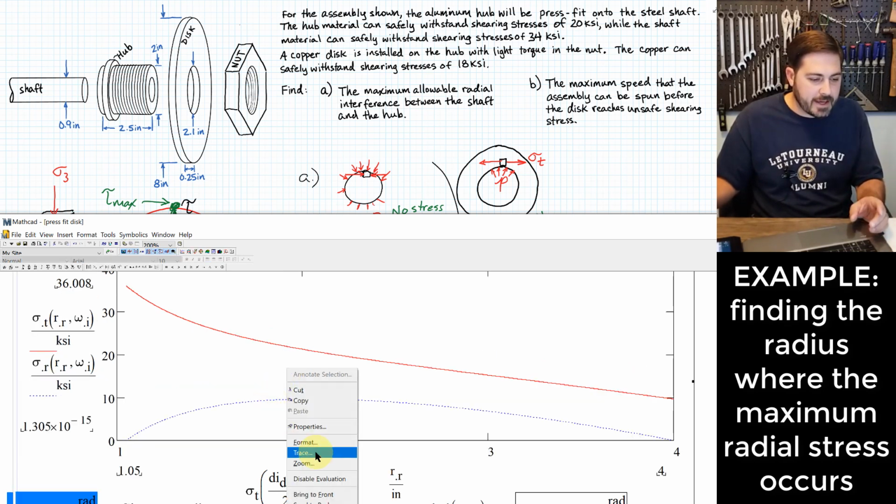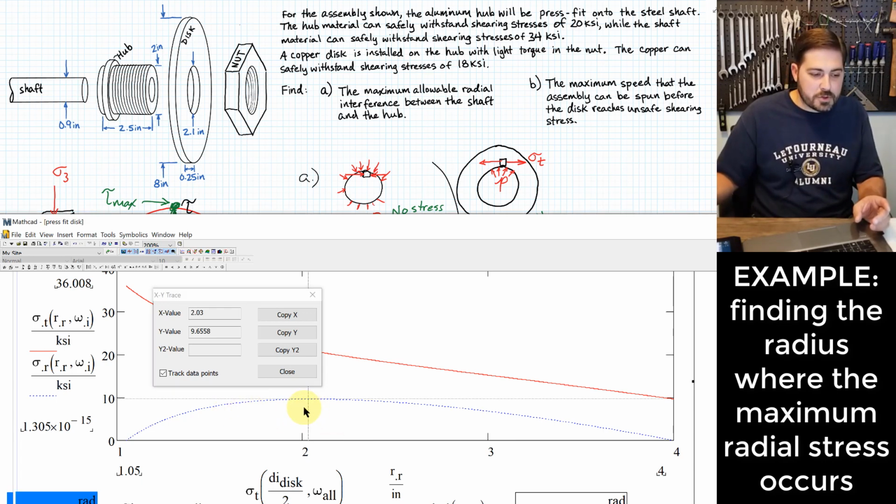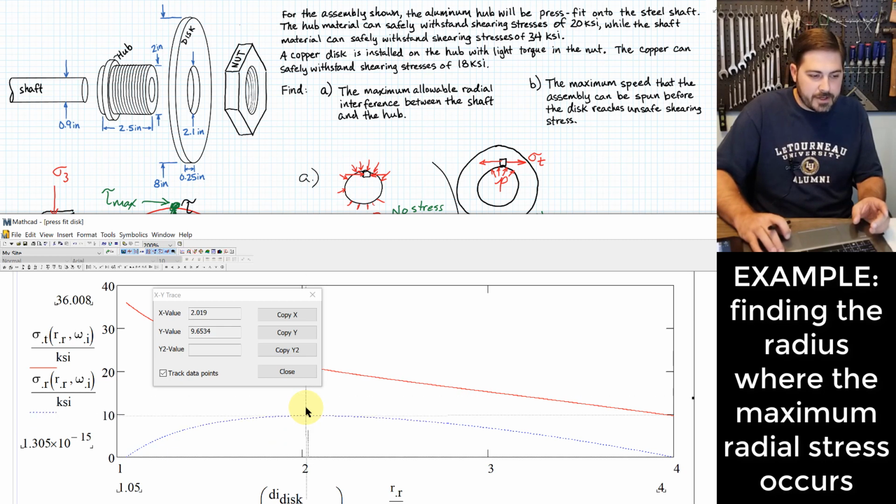One is in MathCAD, there's a function you can use called trace. This is a quick and dirty way to do it. I can have it trace along this curve.